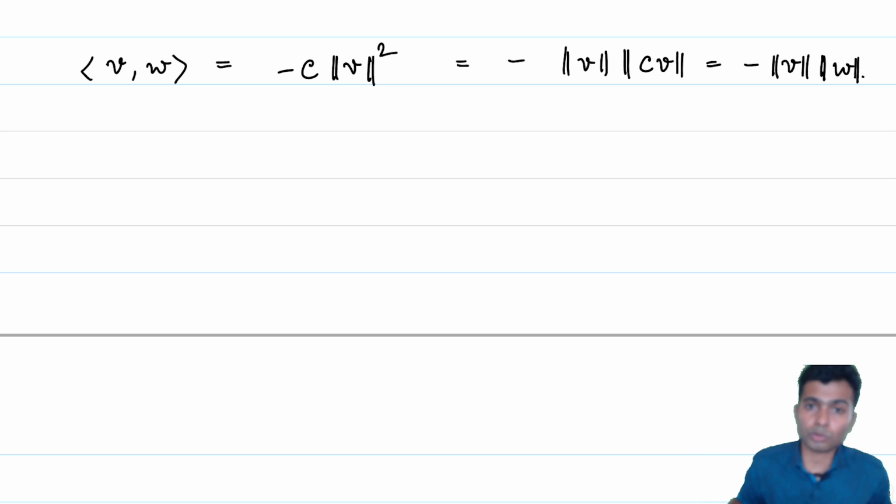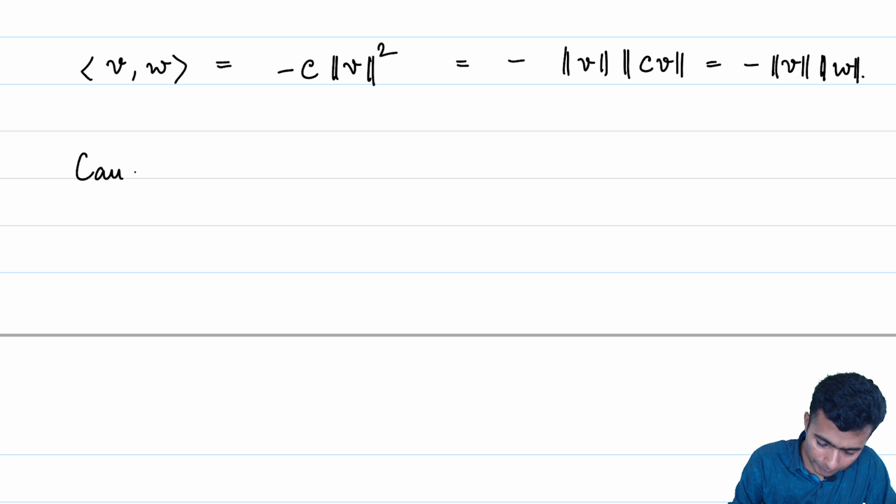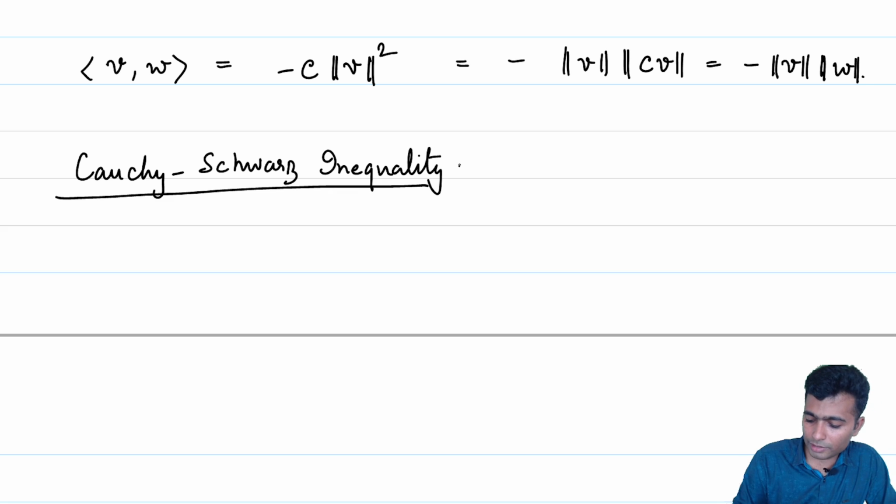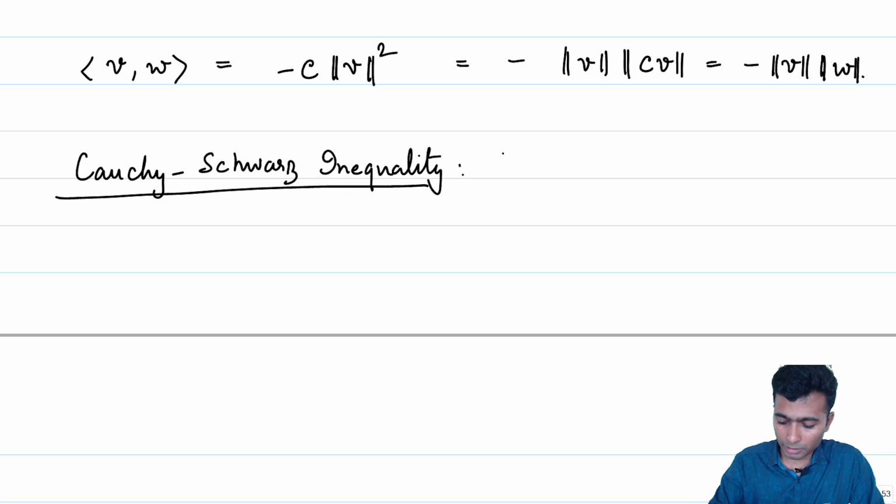So this is what is very famously called the Cauchy-Schwarz inequality. It's a very celebrated result in mathematics.